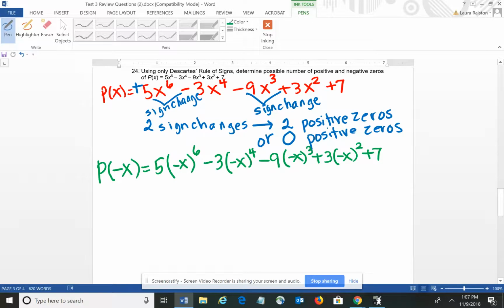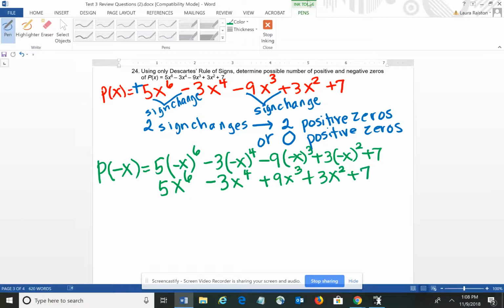You have to work that out. Anytime a negative is raised to an even exponent, it comes out to be positive. So this is still going to be 5x to the 6th minus 3x to the 4th plus 9x cubed. Think about it. Negative x times negative x is positive x squared times negative x is negative x cubed times negative 9 is positive 9x cubed plus 3x squared plus 7.